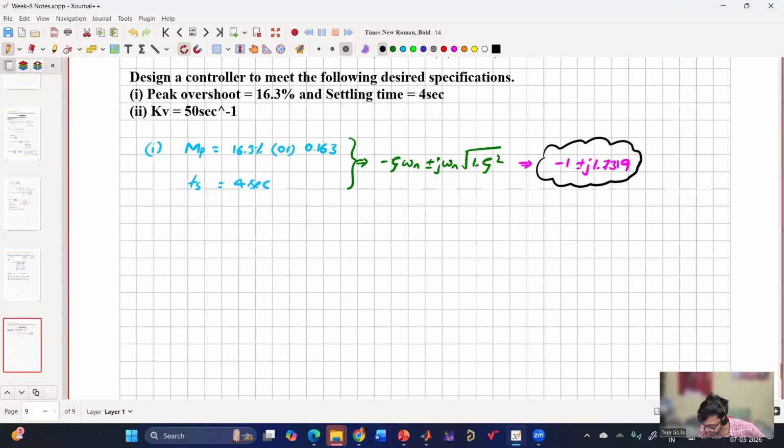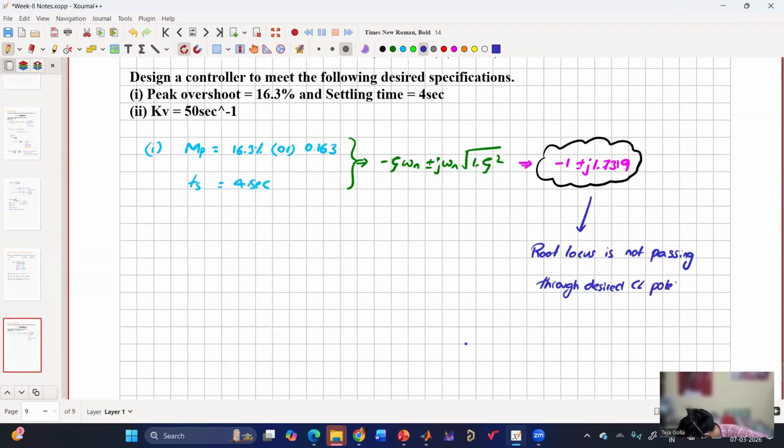So I can say that I have checked the root locus and the root locus is not passing through the desired closed loop poles, which says that we need compensation.